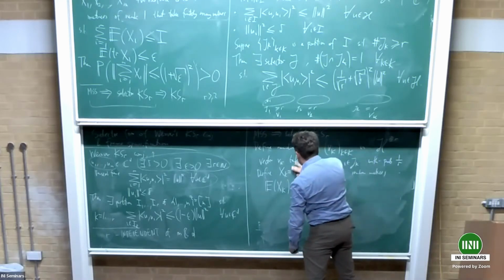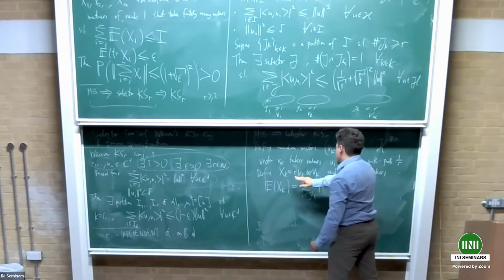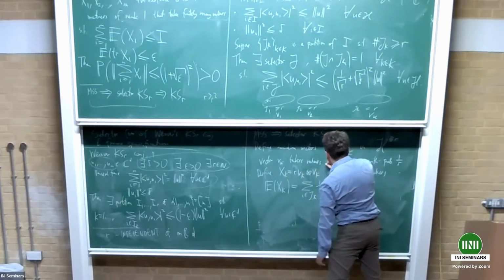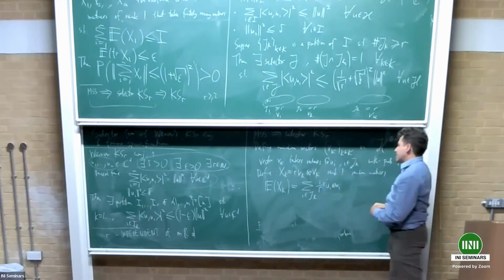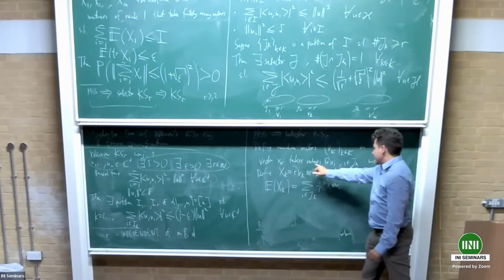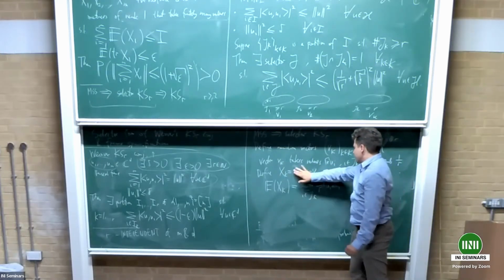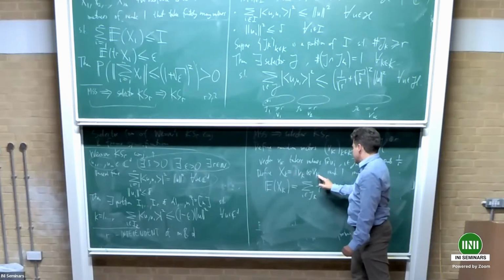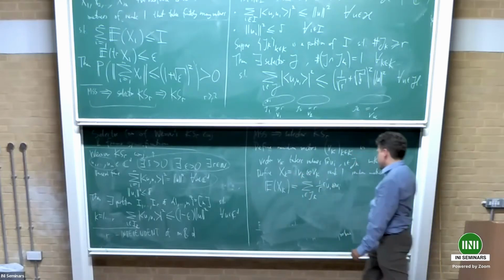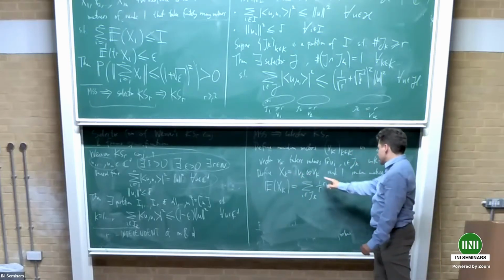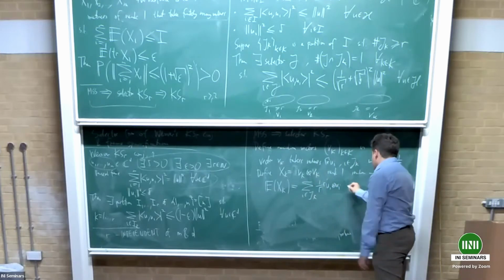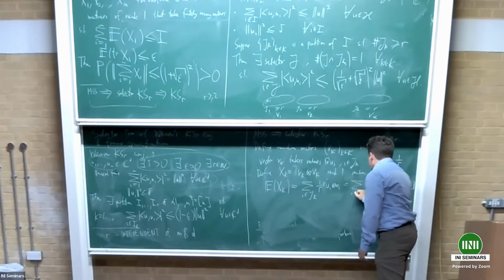So I already made a mistake here. Let me fix it, I always mix up. Each vector VK takes values square root of R times UI. So when you compute this, VK is rank 1, you get R. So what you get here is just the summation over I in JK of UI.